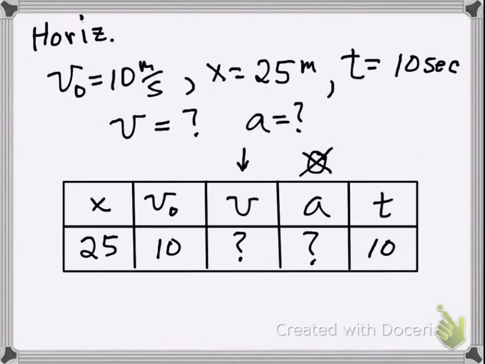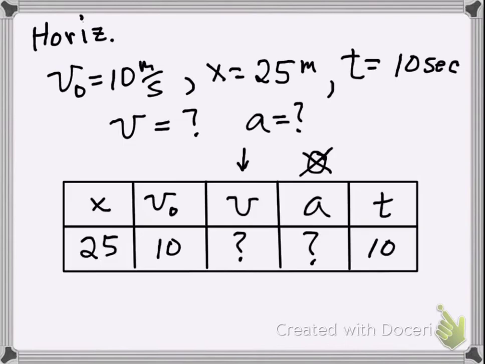and we're going to go to the next page. So here we are using that equation. We're going to replace the symbols by the numbers that were given in our box system. We notice that x is 25, t is 10, and v sub 0 is 10.